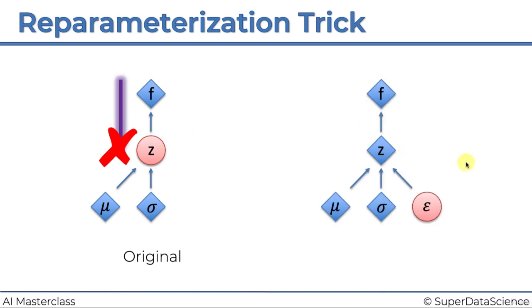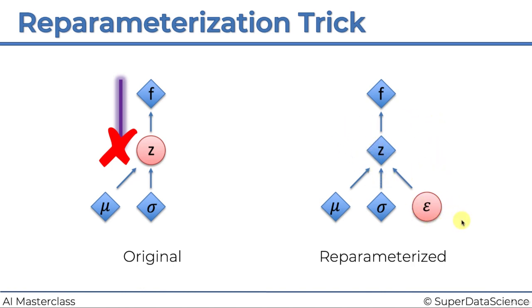So this is where the reparameterization trick comes to the rescue, because what we're doing now is, rather than doing the sampling within this node, we're actually separating out the sampling into its own separate node. So epsilon is just going to be a way for us to introduce randomness into this equation.